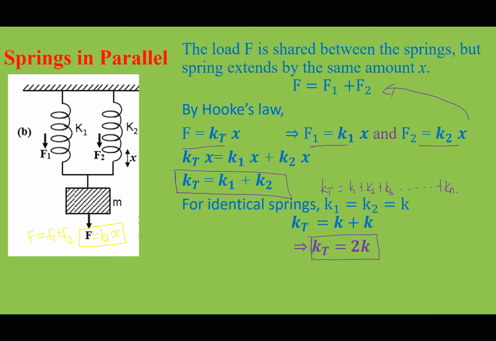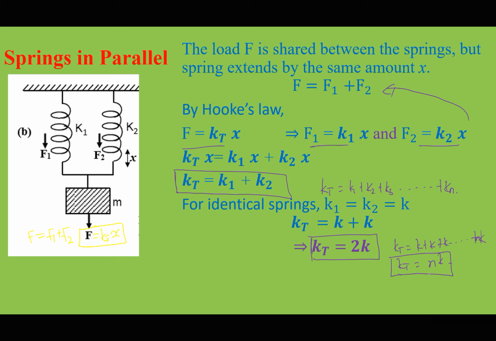If you have so many springs which are identical and in parallel, then total constant K total will be K plus K plus K until you reach the last K, so until you reach nK. It means total constant is simply going to be n times K if they are many and in parallel. If I have 4 springs in parallel, it will be 4K. If I have 5, it will be 5K, and so on.